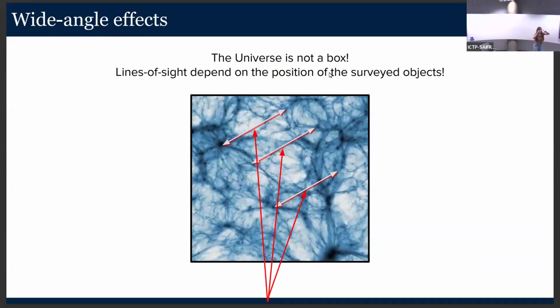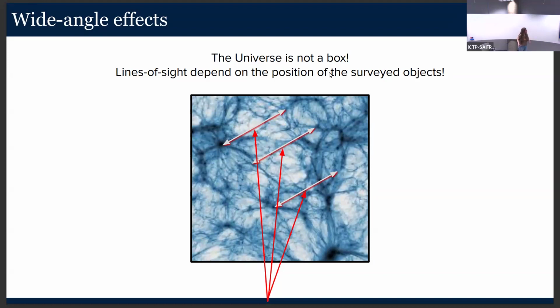So you cannot say that the line of sight to each of these galaxies is the same. Each pair of galaxies, if you're thinking about the power spectrum, has a particular line of sight, and other pairs have another line of sight. So you cannot assume what we do in standard cosmology analysis, which is that all the pairs, and all the triplets if you're thinking about the bispectrum, have the same line of sight. When you start looking at these vast volumes, these very large areas, these kinds of effects start to appear.